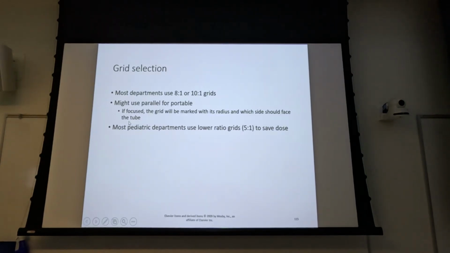Which side should face the tube, and if it's marked with SIDs suggested or required SIDs, you're looking at a focus grid. A parallel grid, it doesn't matter which side you put to the X-ray tube, but a focus grid very much does. As a matter of fact, I'd say probably most of your focus grids are going to be built with a snap-on top, so that you can only use them one way. Right?